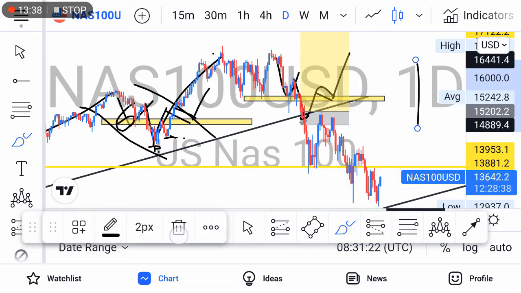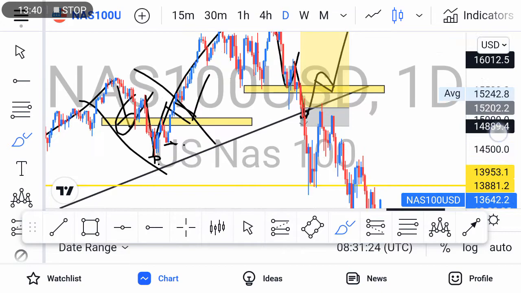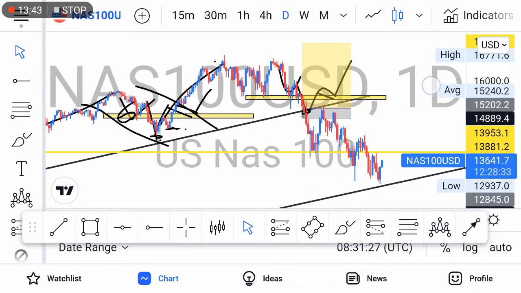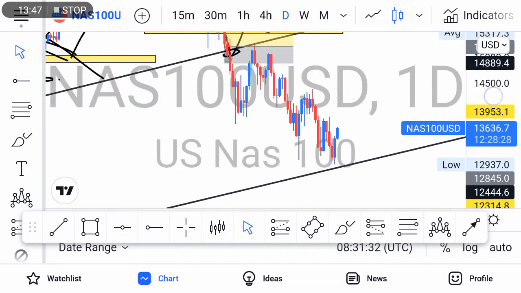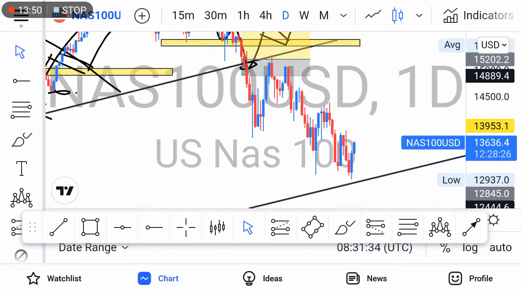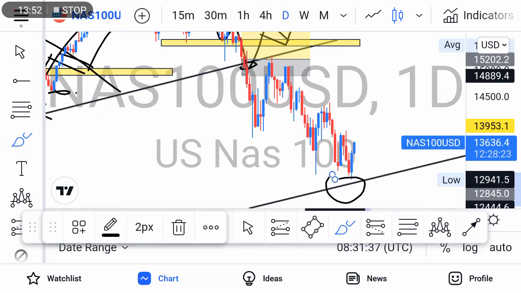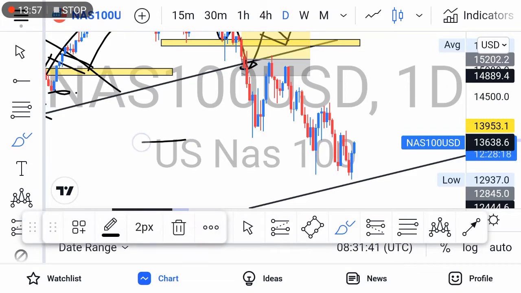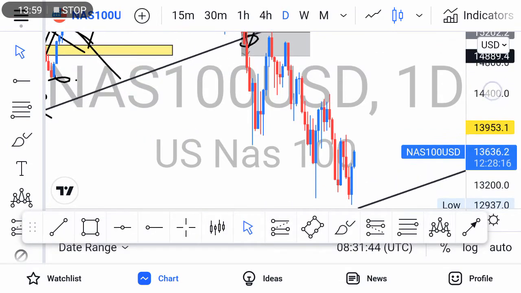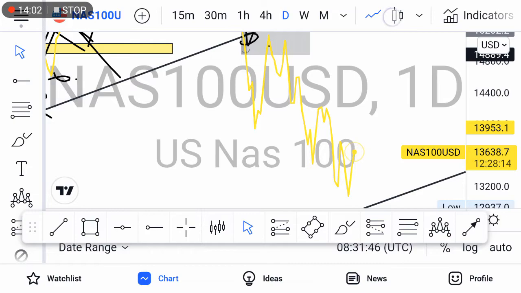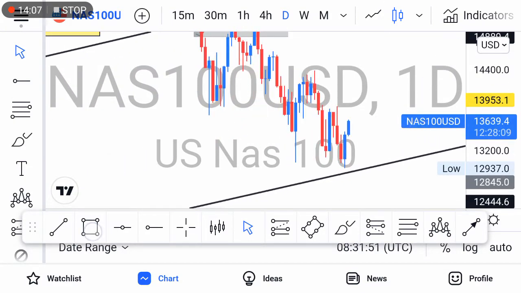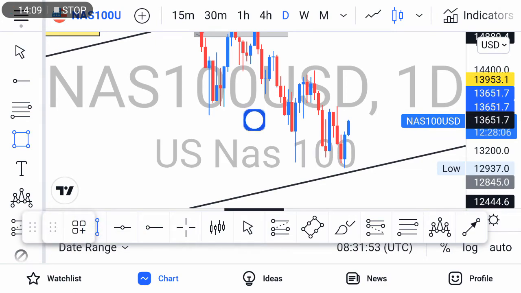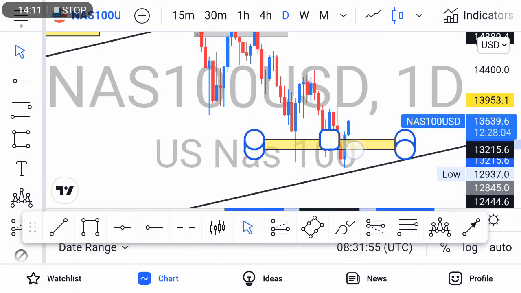Let's check what's happening. Let me just remove this one. Okay, now it's at current market. You see the current market is touching our weekly trend line. From here I can say, okay, we have a touch on our trend line. Let me put our zone looking at left.